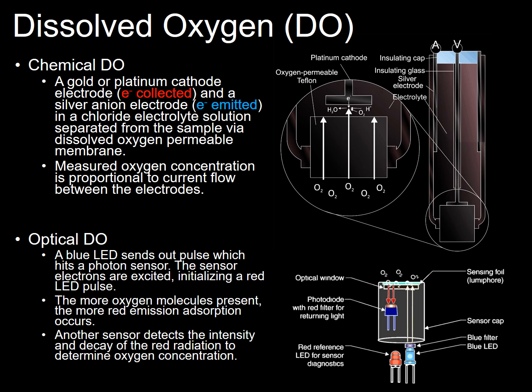And again, it's much like an ISE. The electrolyte solution between the electrodes lets the sample permeate through, and it allows the measurement based off of the oxygen concentration to the current between the two electrodes in the solution.